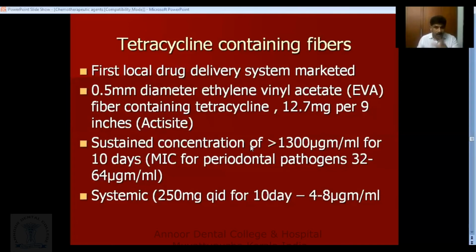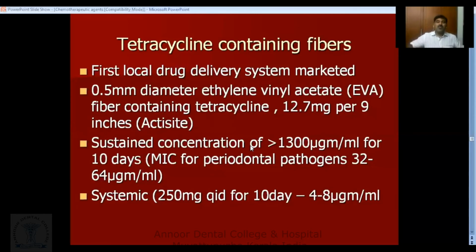But when you look at the last point in that slide, you give the same drug, tetracycline, 50 milligram, 4 times daily for 10 days. What is the concentration that you achieve within the gingival sulcus in the GCF? It is 4 to 8 microgram. What is the MIC that is needed? 32 to 64.